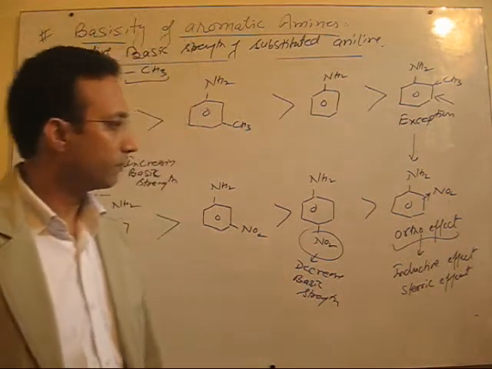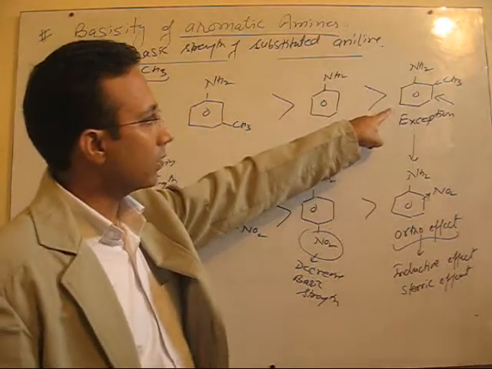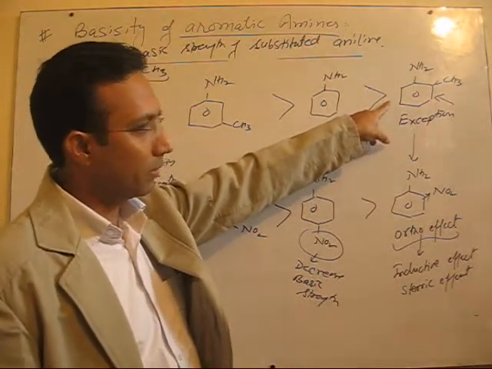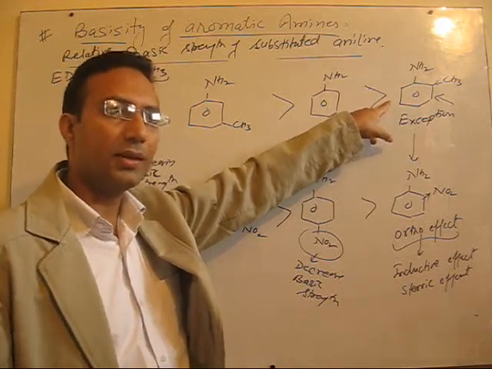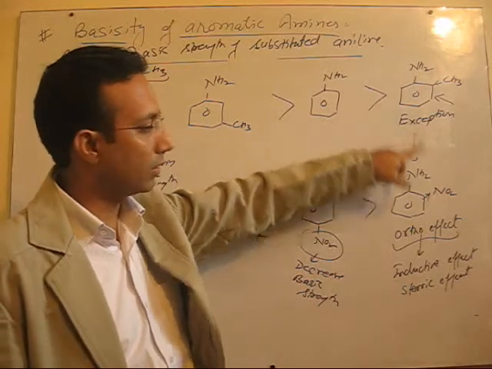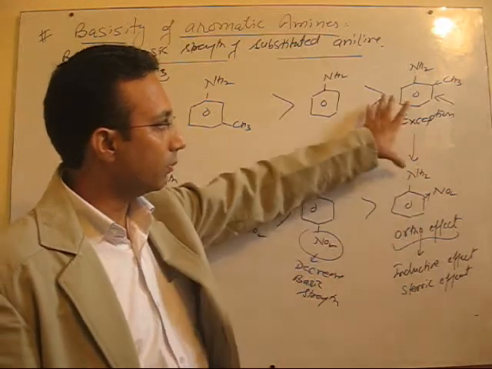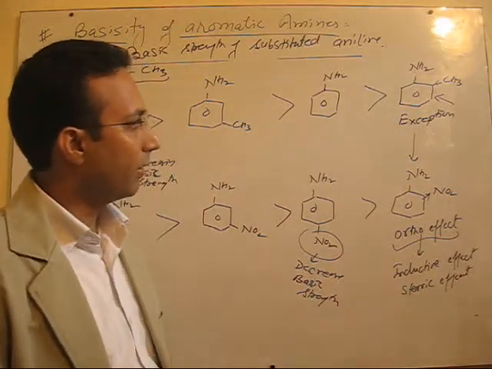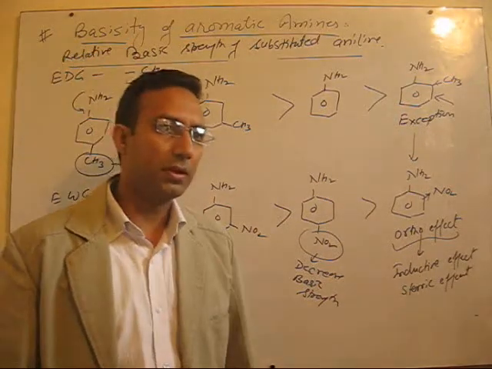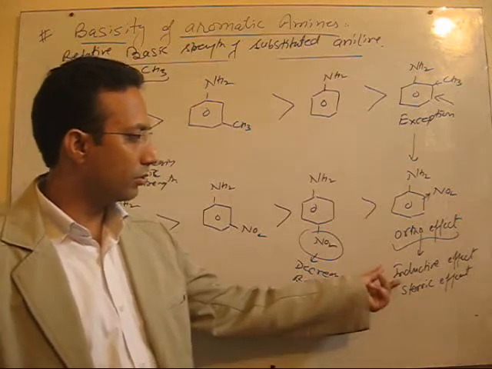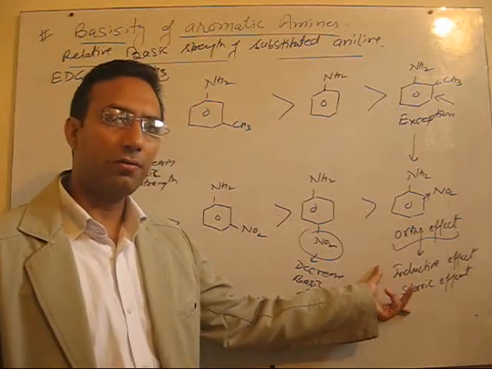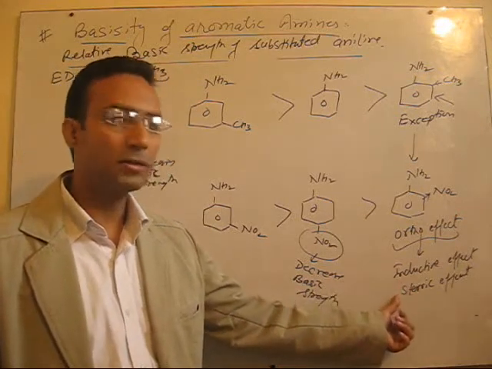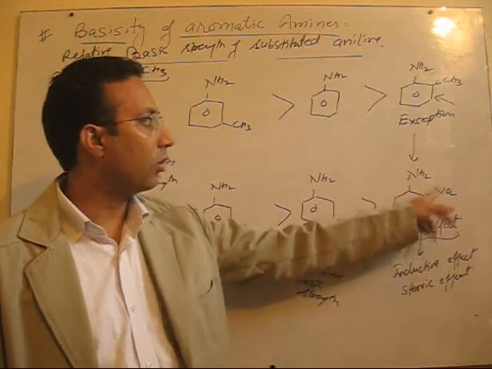Let's continue this. Now we have seen that in case of a substituent present at the ortho position, whether it is an electron donating or electron withdrawing substituent, both are going to decrease the basic strength of aniline. This effect does not have much explanation. It is probably found due to some combined effect of inductive effect as well as steric effect at the ortho position.